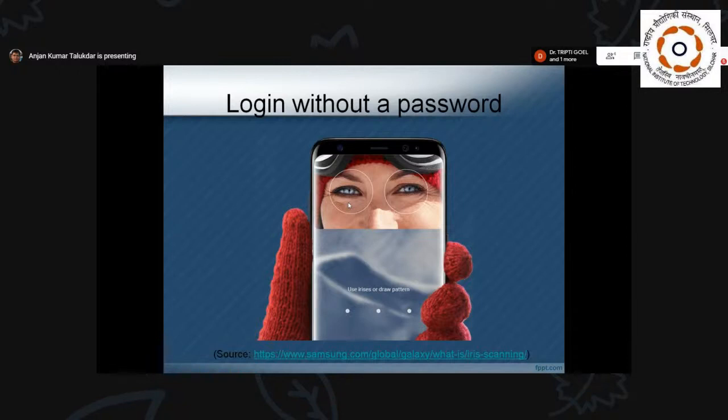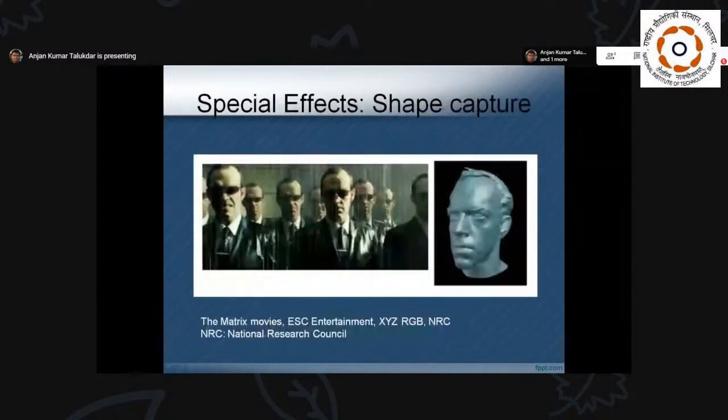Then in movies also we see some special effects. This movie, I think you can remember, is the Matrix movie, right? Here, suppose this is a person, first his 3D shape is modeled this way by using cameras from various sides.